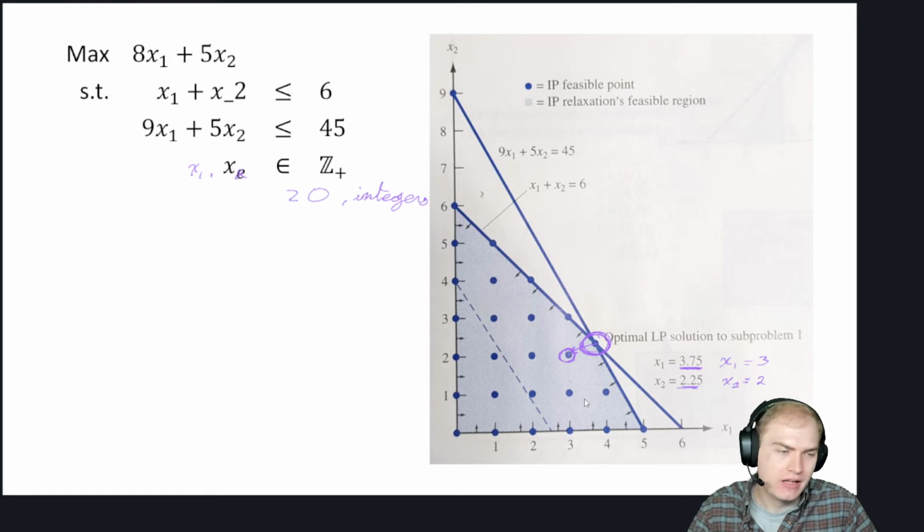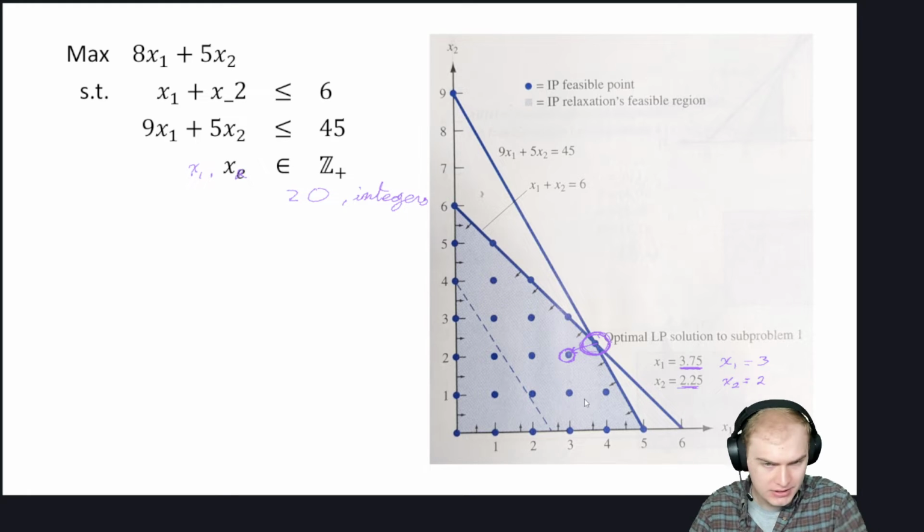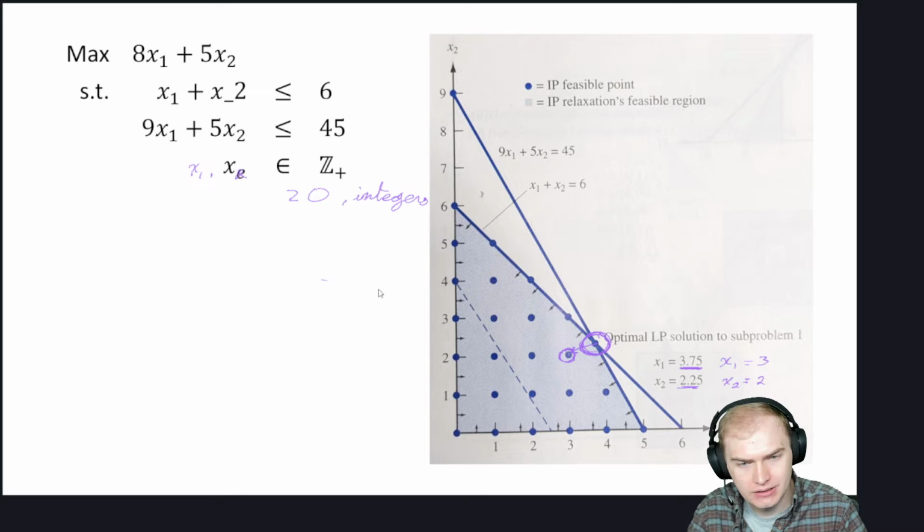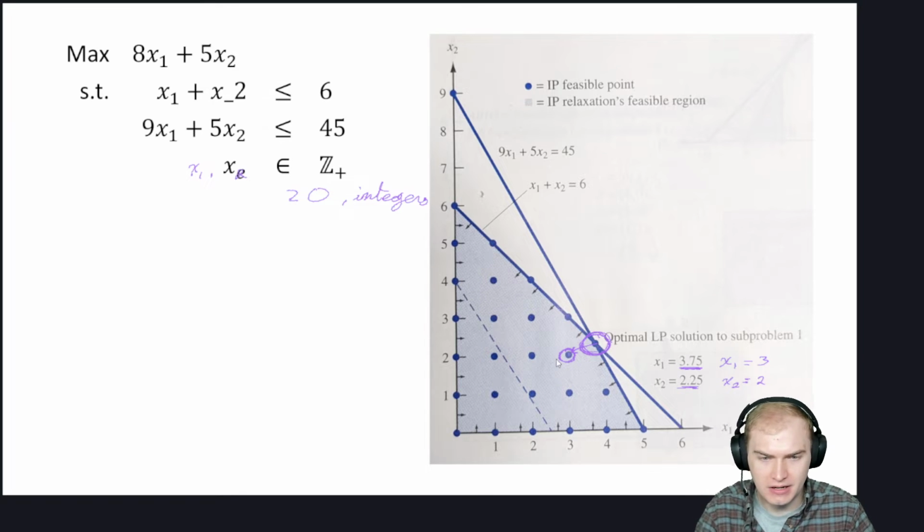Well, we can do that, and in some cases that's perfectly fine. A lot of knapsack problems, the optimal solution is just the rounded down, relaxed, continuous solution. But we see here that this rounded down point is not actually optimal.